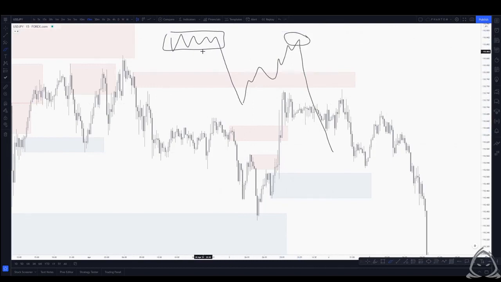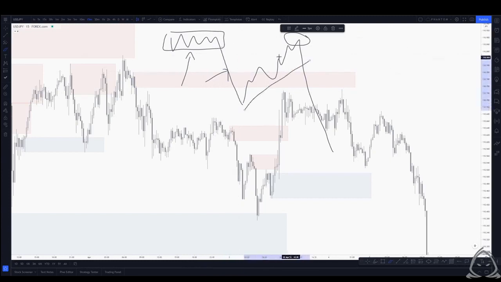But the only way for us to truly know if an institution or large collection of orders have been placed is by understanding and identifying the footprints that are left behind. Generally speaking, what that entails is seeing some sort of range or pivot created supply or demand zone that is being created. But the only way we're able to validate that zone being created is actually waiting for an impulsive move or an expansion outside of that pivot or range that was created.